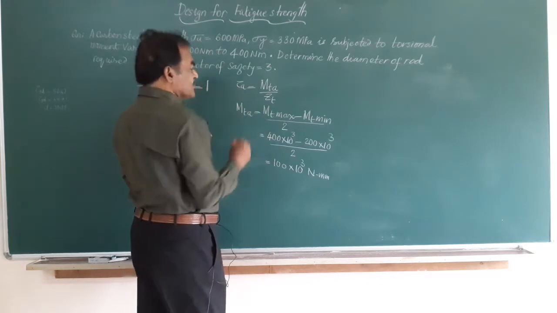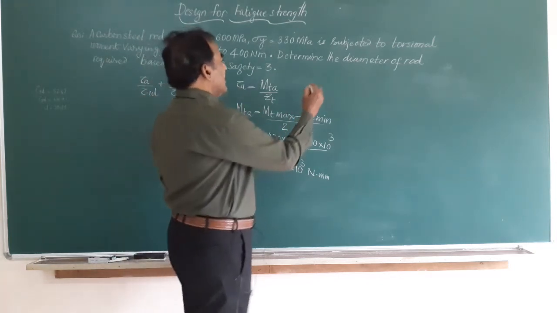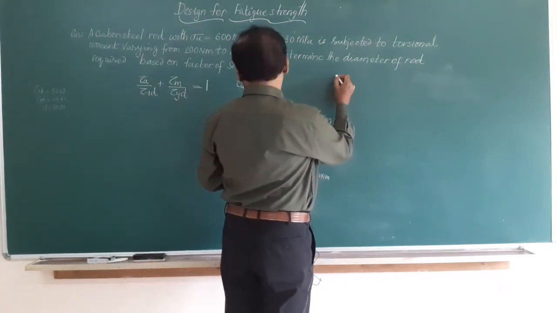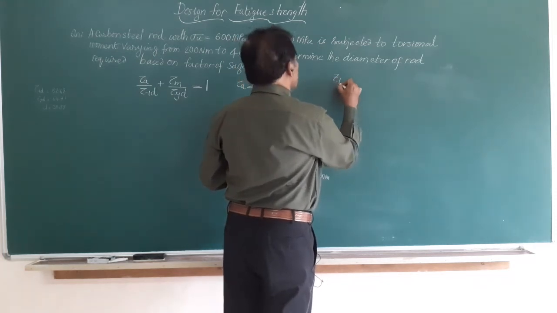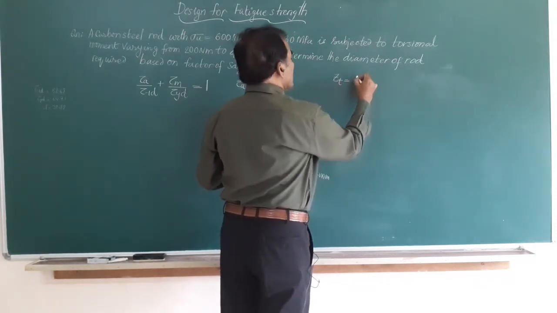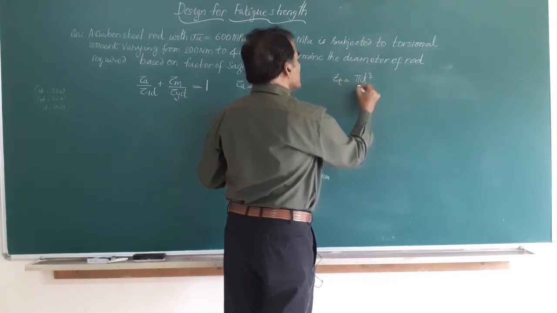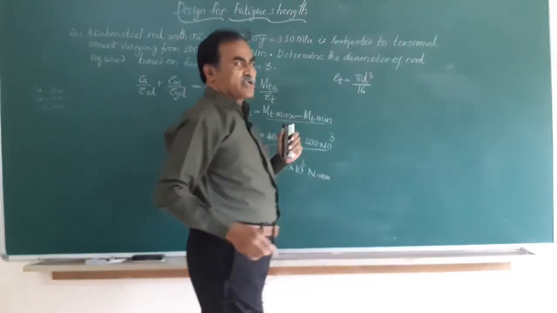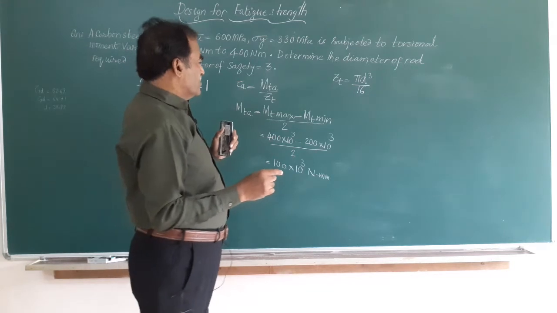Then, friends, what is Z_t? Z_t is called the torsional modulus, that is Z_t is the modulus in torsion given by pi d cube by 16, where d stands for the diameter of the rod to be determined.